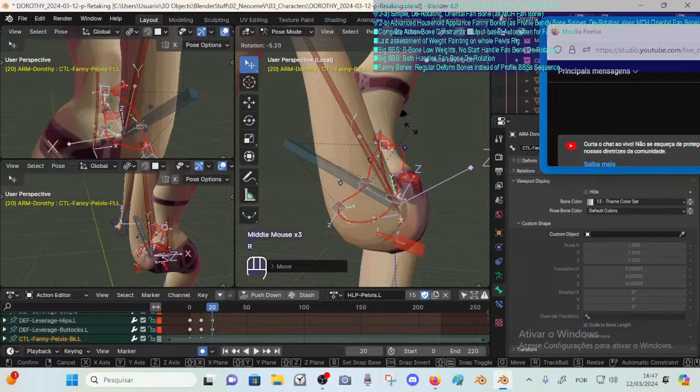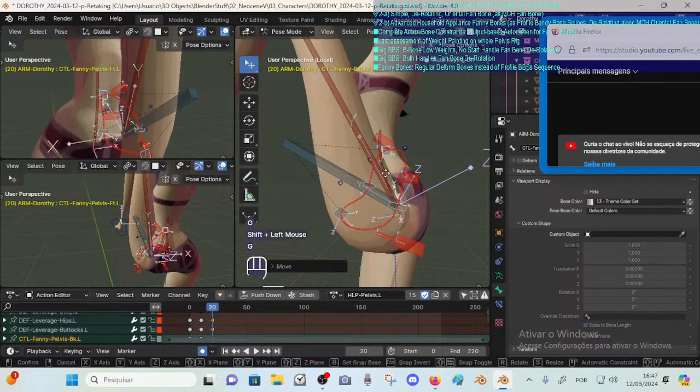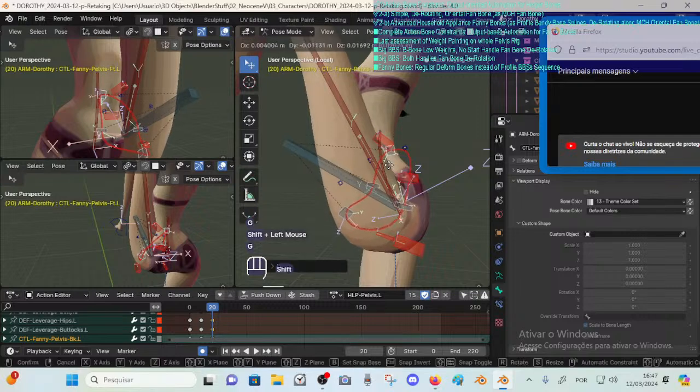I can try some rotation in this direction. Not sure if this, then I need to try solve that.